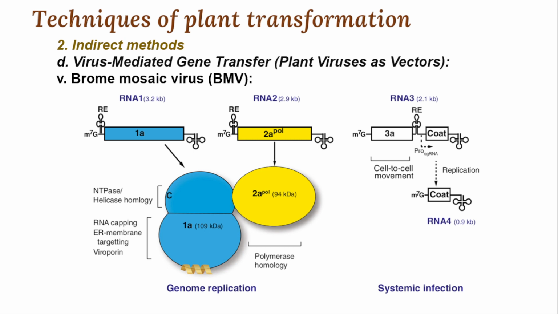There is also RNA4. Some will code for a helicase, and some for cell-to-cell movement and replication, and this region is not necessary for us. We can remove it and place our gene of interest, easily accommodate it, and then convert that into a transfected cell.